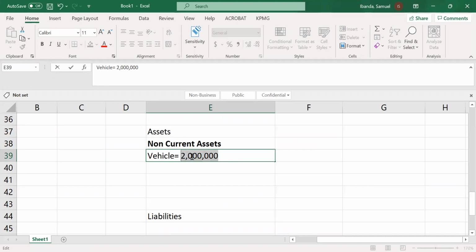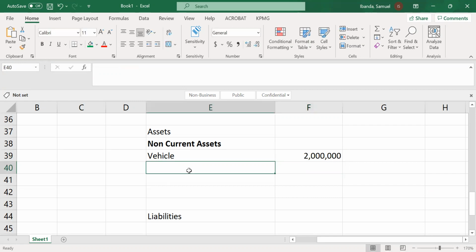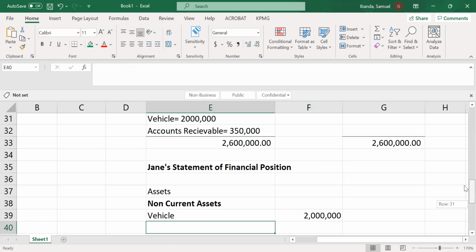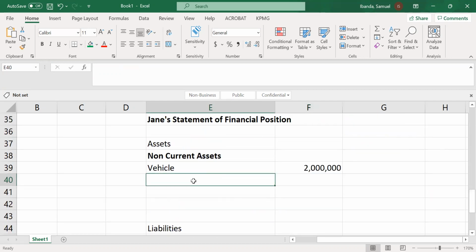So Jane has 2 million. I'll just put this 2 million here. There's no other, so you can get your total non-current assets, but since we have one item, we shall just proceed with that.